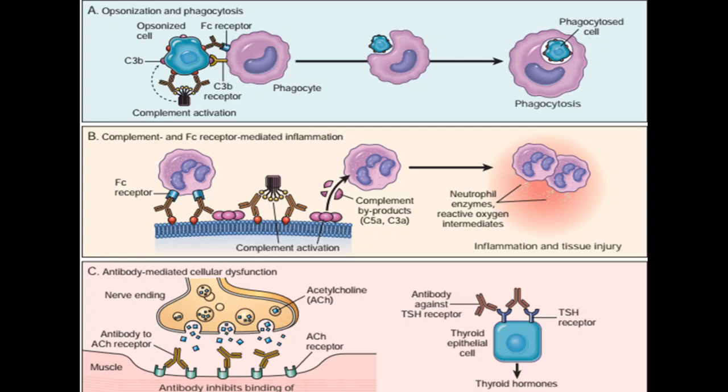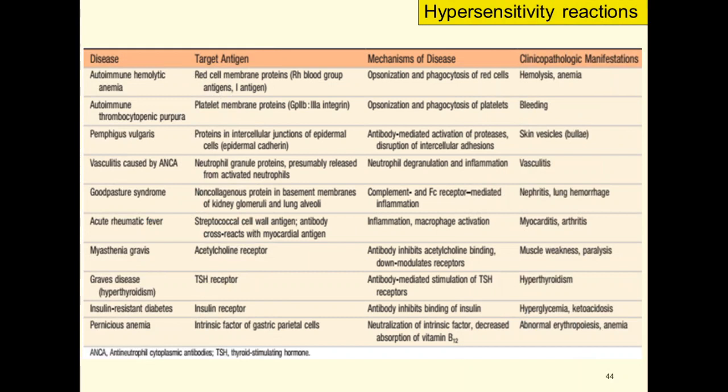Let's discuss what disease has what mechanism. So, for example, autoimmune hemolytic anemia has its pathogenesis through opsonization and phagocytosis of the red blood cells.